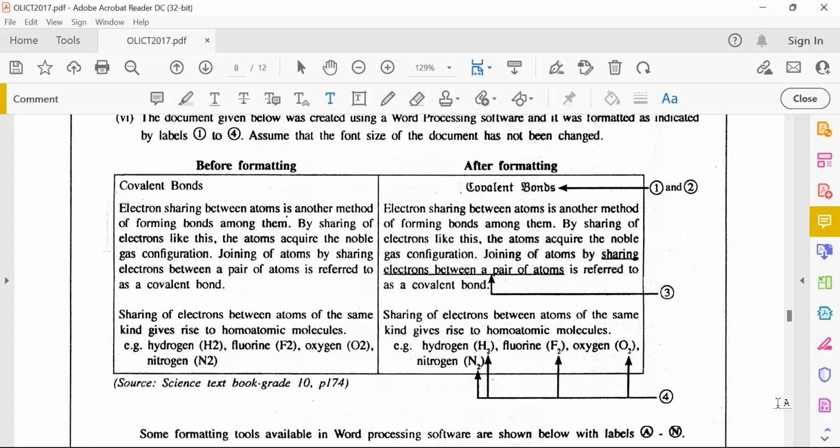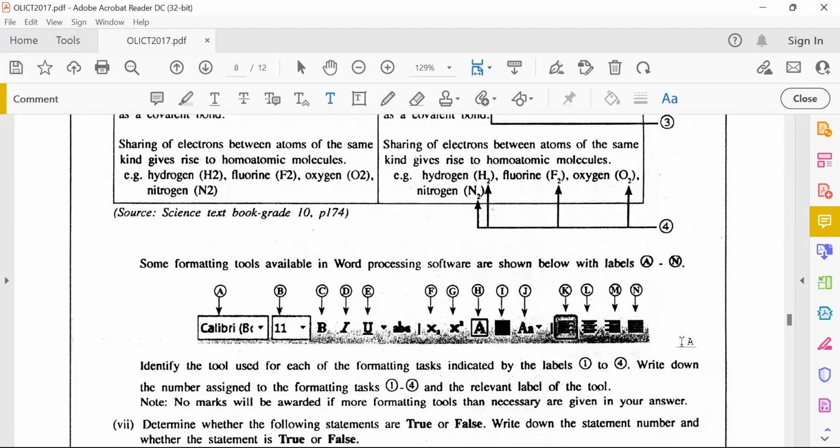So for 1 and 2, we can say, 1, it could be A or L, isn't it? Second one, L or A. Both ways this worked.